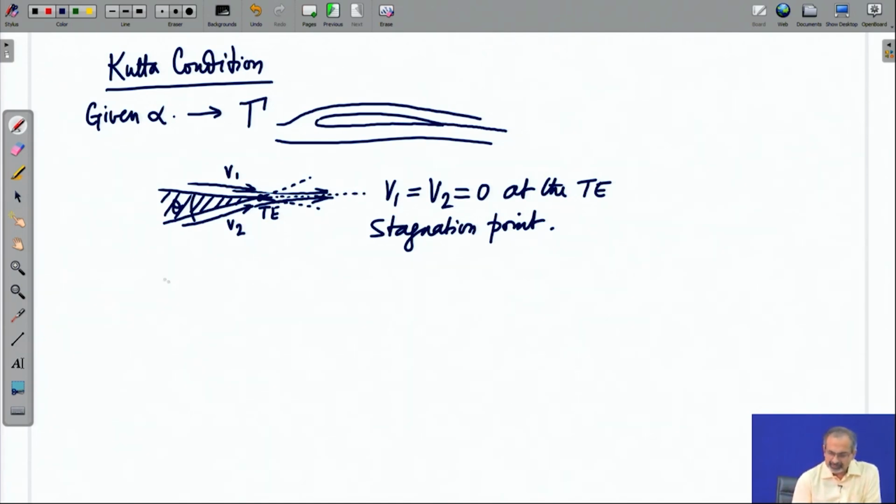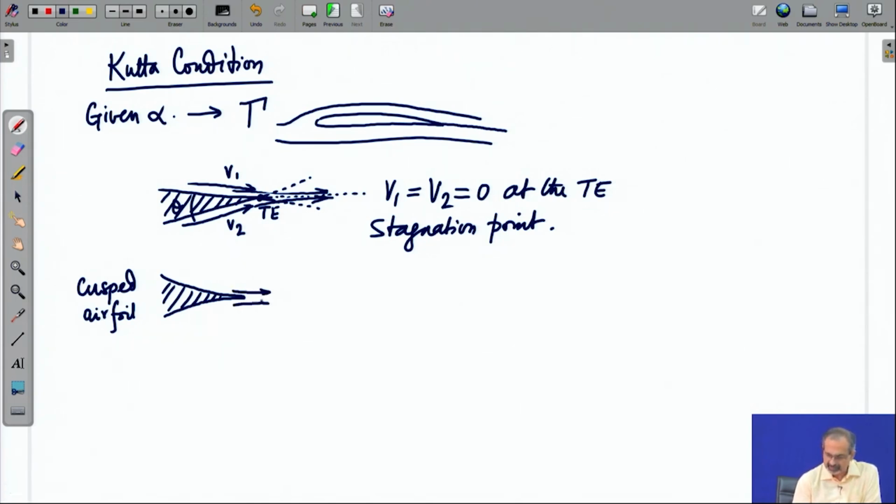What if instead of having a finite value of theta, the theta was approaching 0? That is when you have a cusped airfoil. This is where the theta of the upper and lower surfaces are approaching each other.